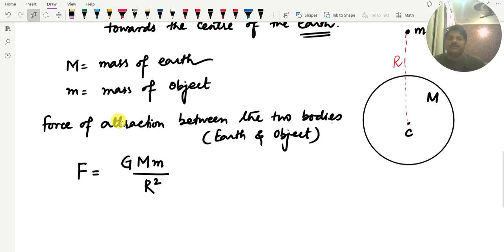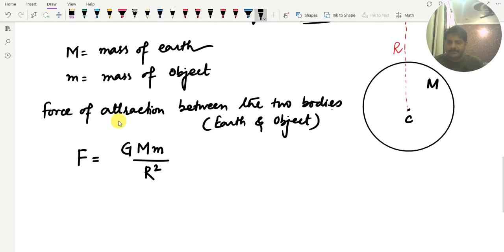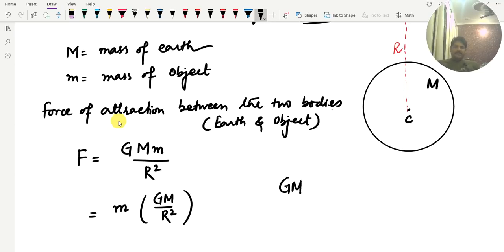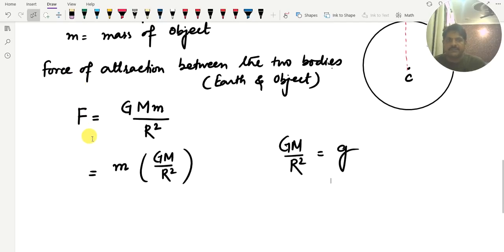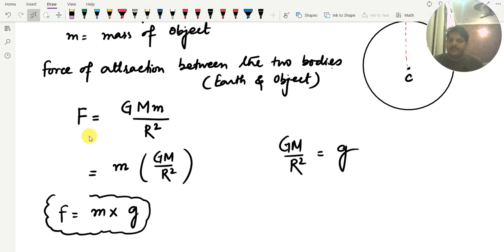Now this can be rewritten as m times GM upon R whole square. In the last class we discussed what GM by r square is. Capital G capital M by r square can be written as small g. So this equation would now change into F is equal to small m into small g. And what is this force?